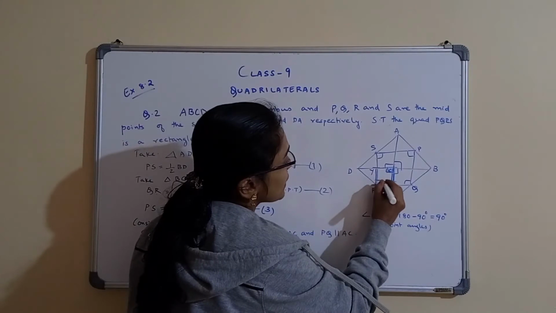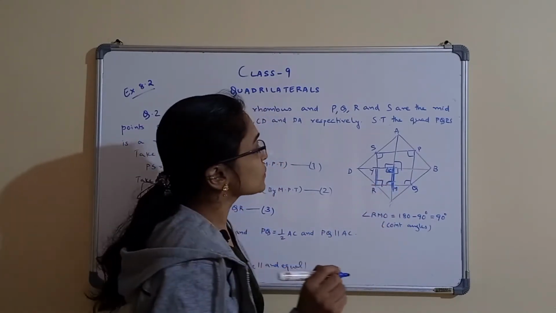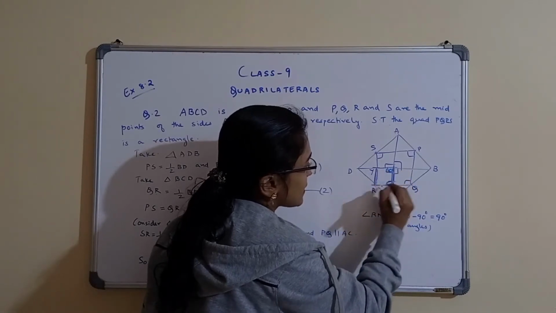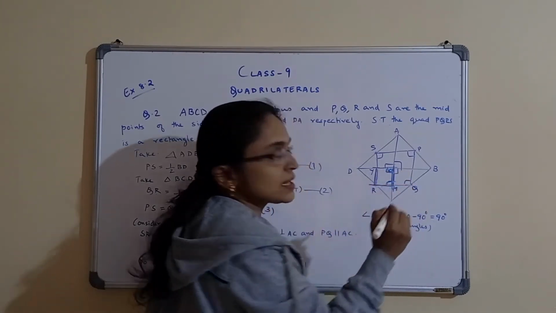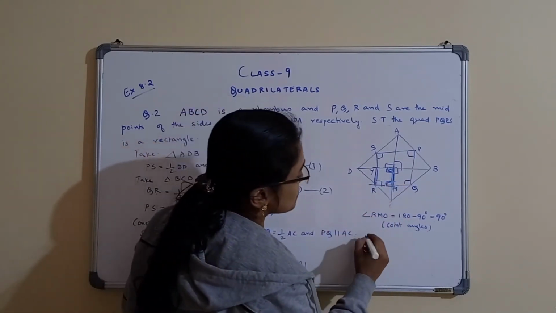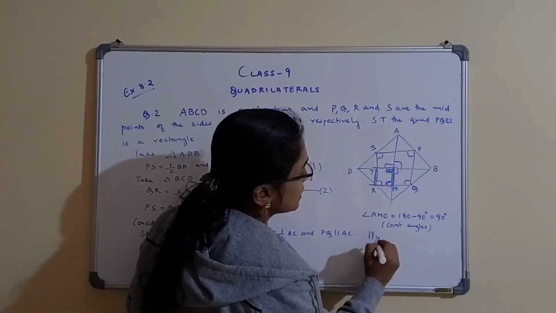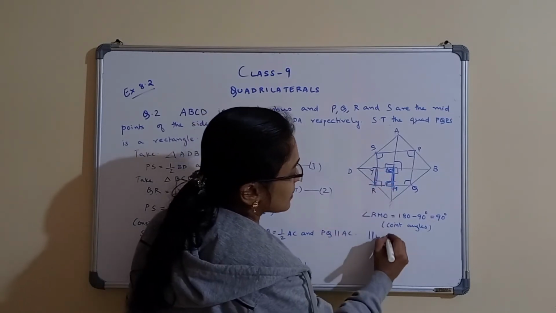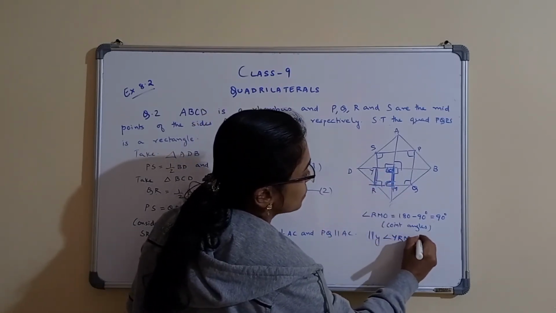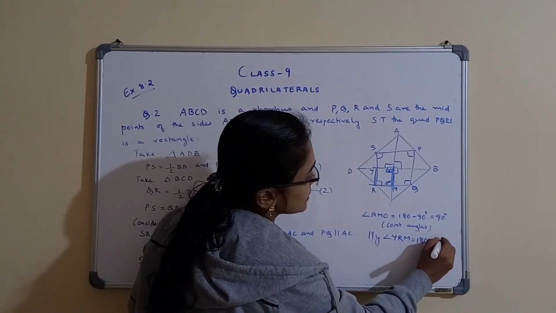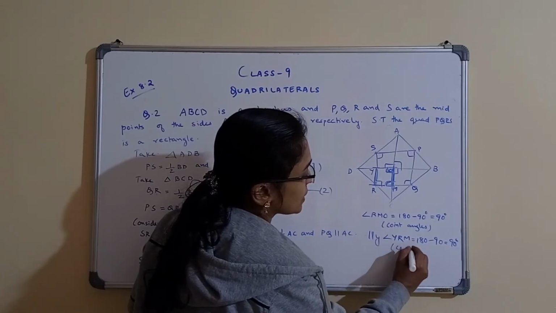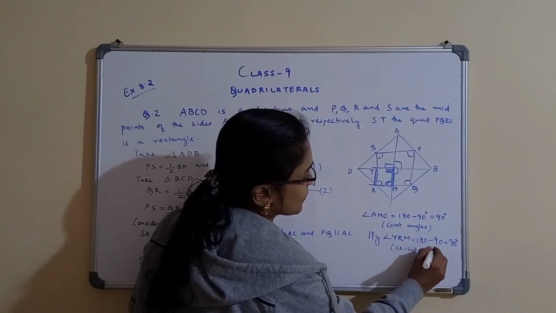Now we have to prove that this angle is 90. How will we prove that? If we consider these two as parallel lines and this as the transversal, these two are co-interior angles, which means similarly this angle YRM is equal to 180 minus 90, which is equal to 90 degrees because they are co-interior angles.